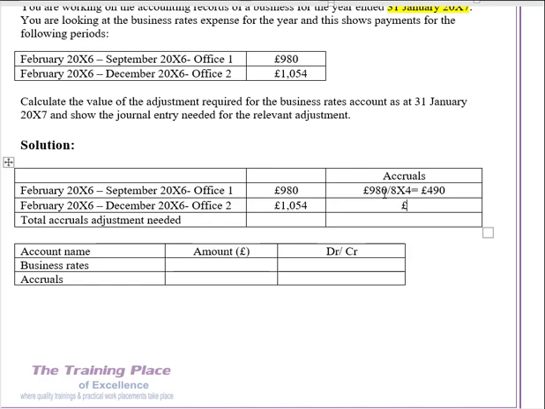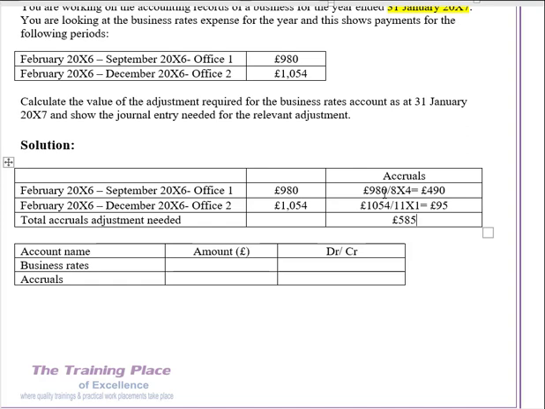So you have paid £1,054 for 11 months. And I have 1 month missing. So I need to raise an accrual for £95 for the second office. So altogether, I need to raise an accrual for £585.